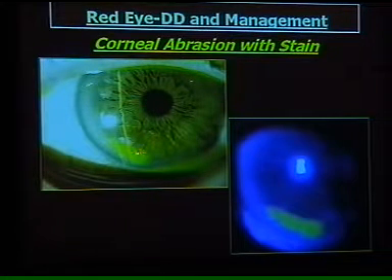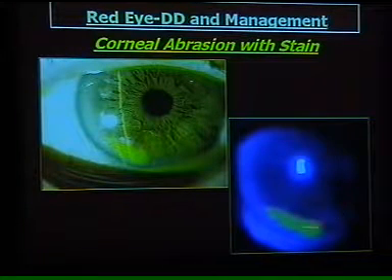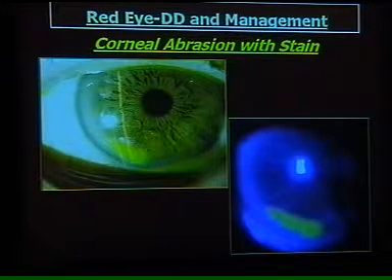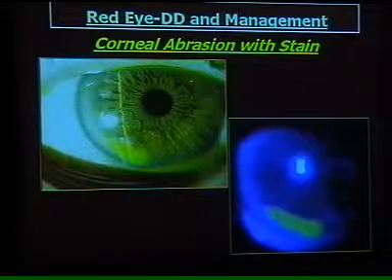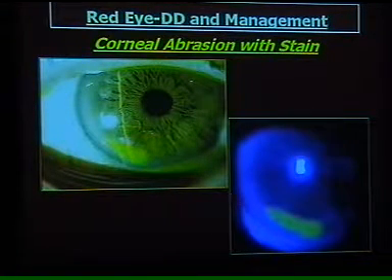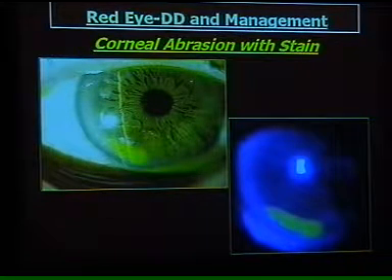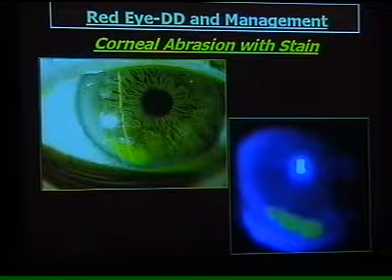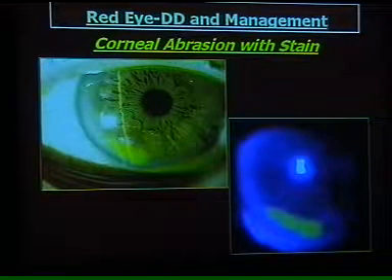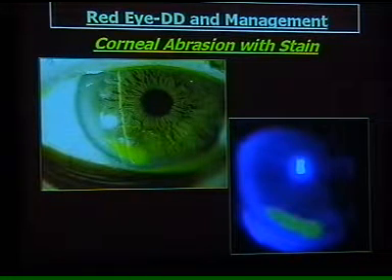Now this is of course a white light, and this is some different color that you can see here. I would advise you to keep this dye in your clinics. It's very simple. It has no bad effect. You cannot overuse it, but it's very informative. It can give you very good information about some pathology in the cornea.